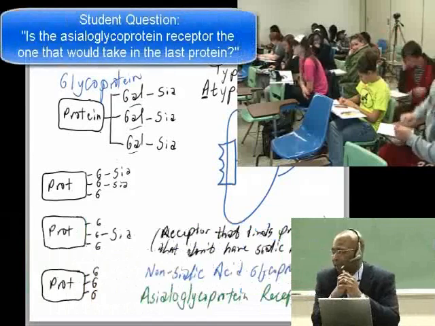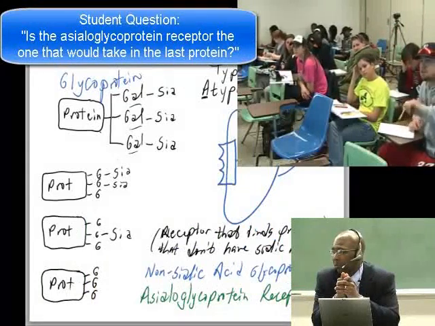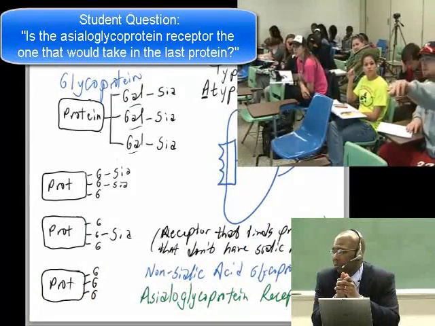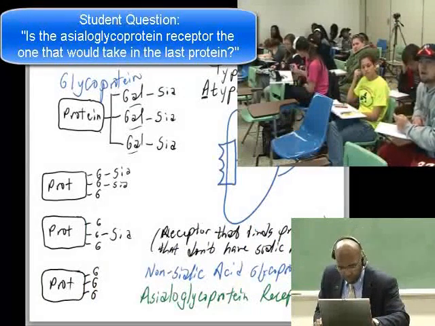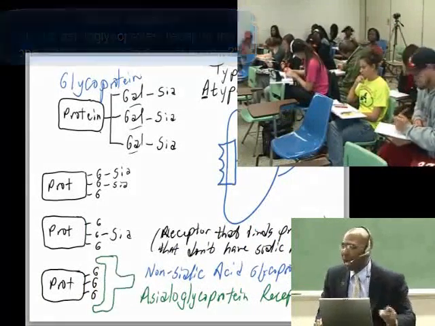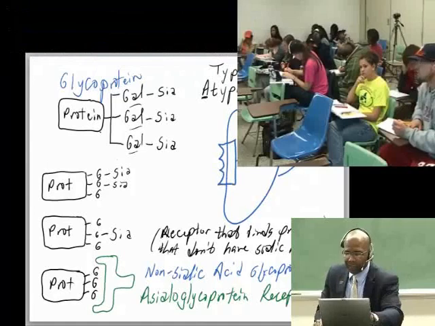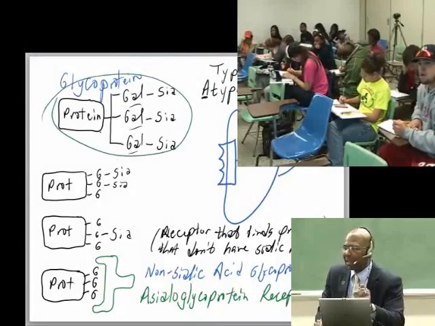Question. The asialoglycoprotein receptor is the one that would take in the last protein? Exactly. The asialoglycoprotein receptor would bind this one. That's what it would bind. Would it bind the first one here? Would it bind this one? Why would it not bind the first one?